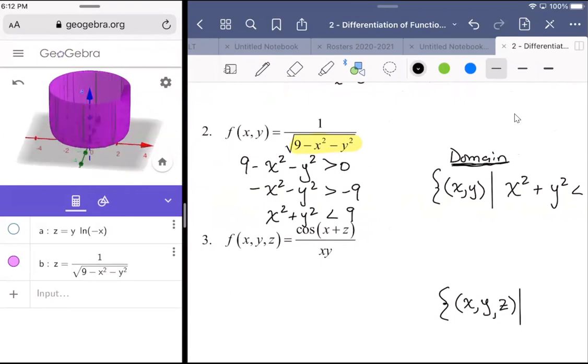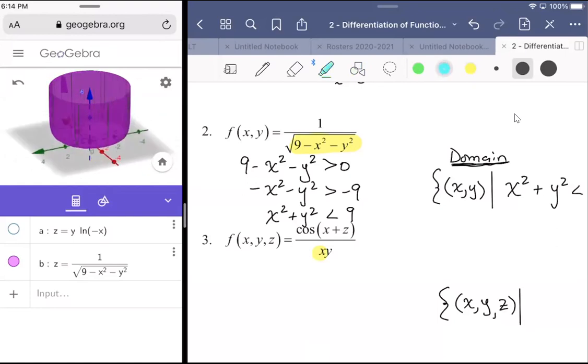Now, the numerator makes it seem like this is going to be really complicated because it's got that trig function, but cosine functions are everywhere continuous. So there is no domain restriction there. The only restriction would be if I put values in for x or z that were not real. But if I'm limiting myself to the real number system, that ends up being irrelevant.